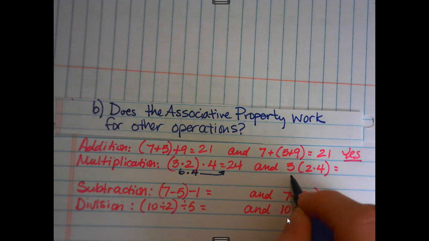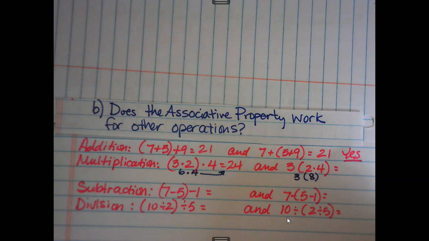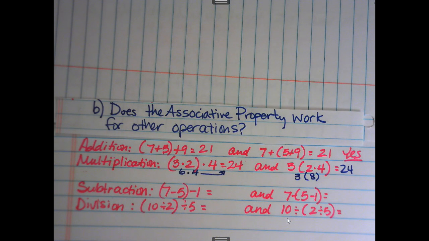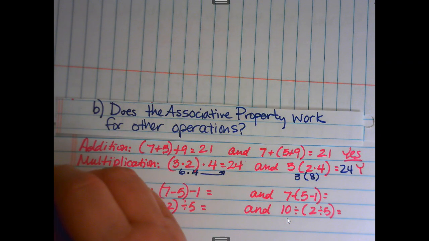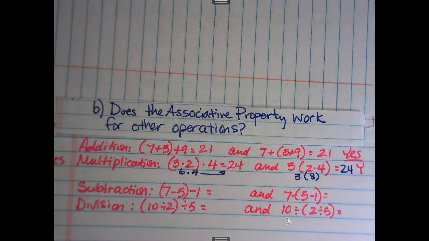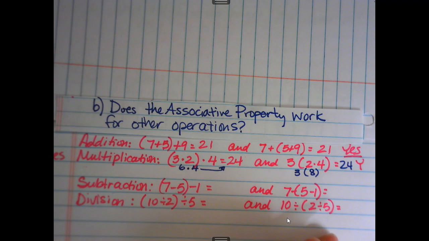This one here is 2 times 4 is 8, and 3 outside of a parentheses means I multiply. 3 times 8 is also 24. So that is a yes as well. So both multiplication and addition, I have proved there with my examples.